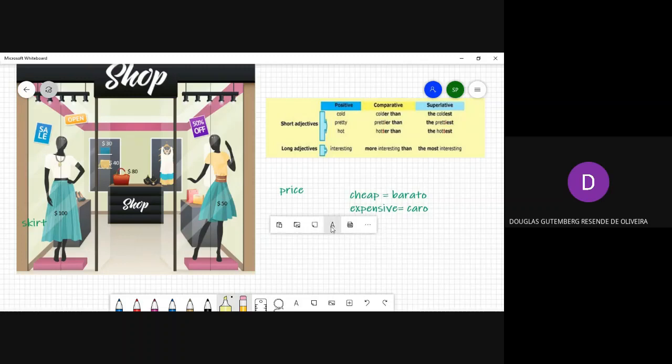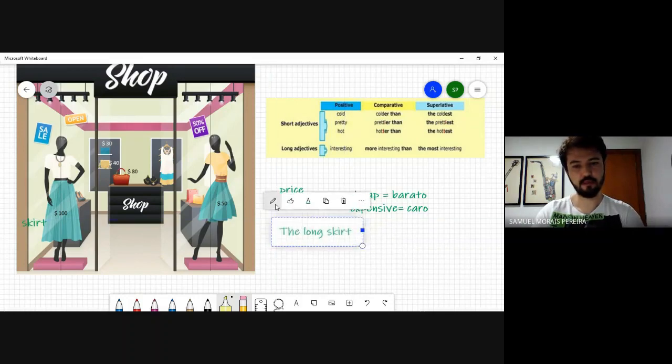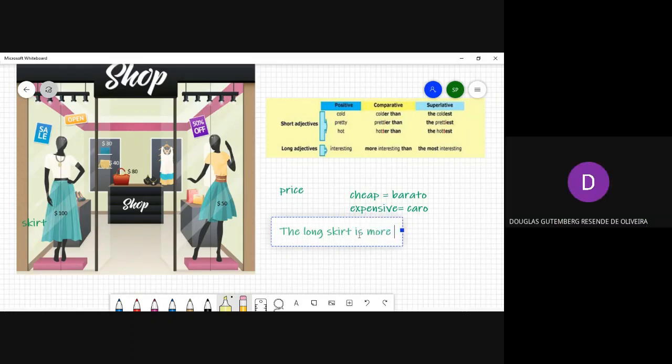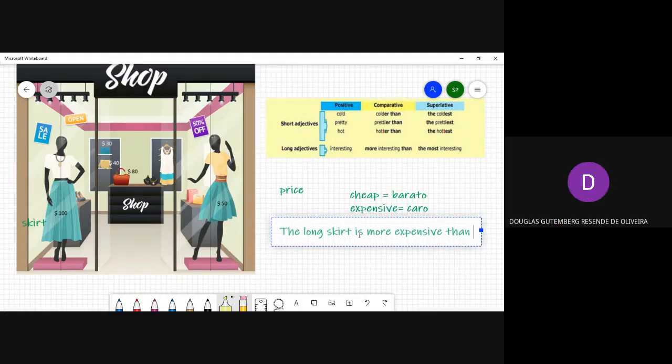The long skirt is more expensive than the short skirt. Perfect. Can you see, guys? Olha, take a look at Douglas' sentence. Could you repeat, Douglas? The long skirt is more expensive than short skirt.